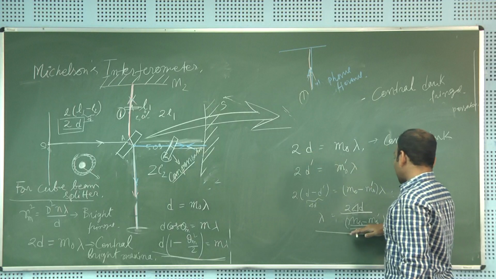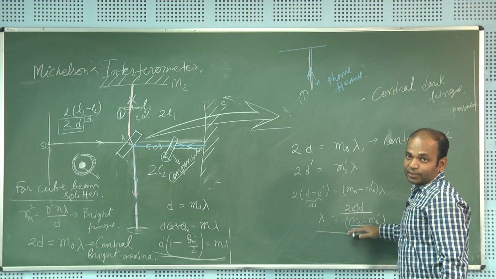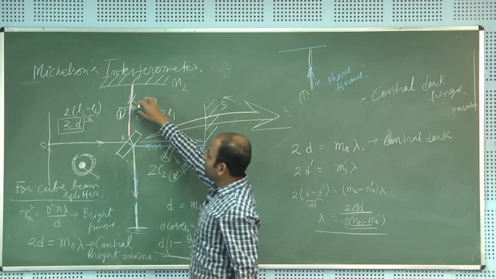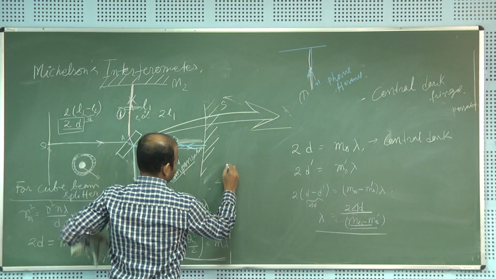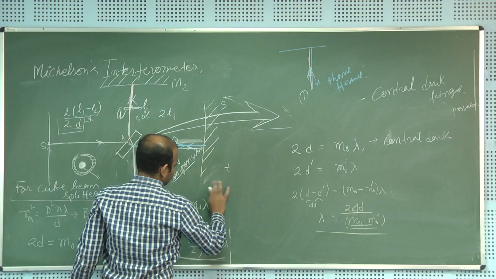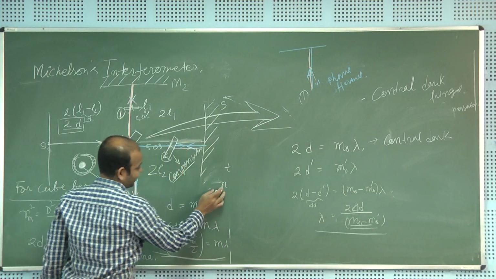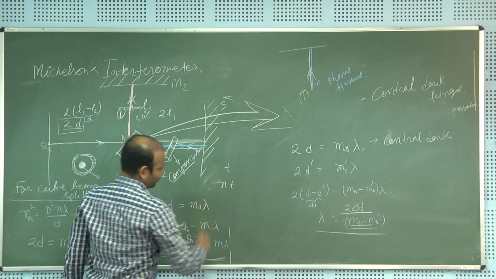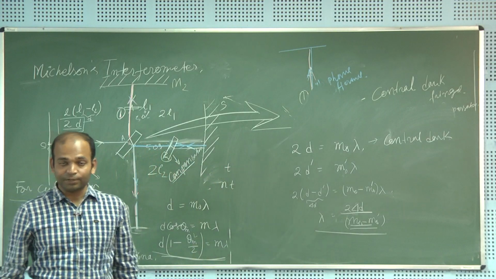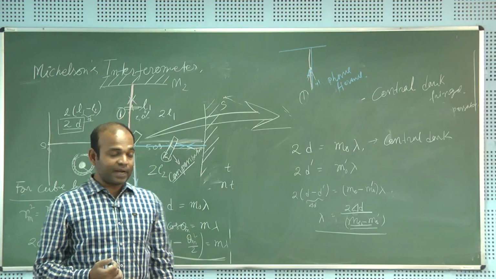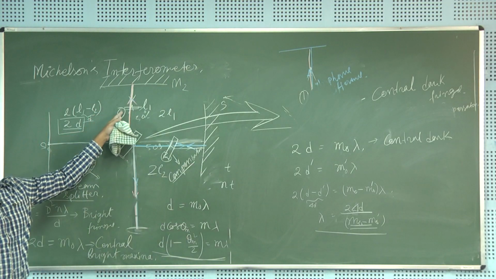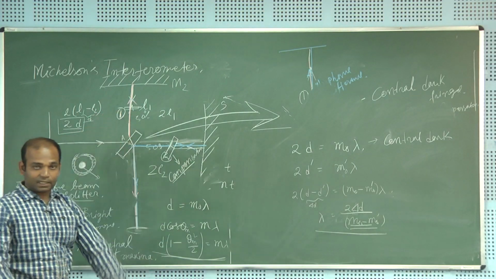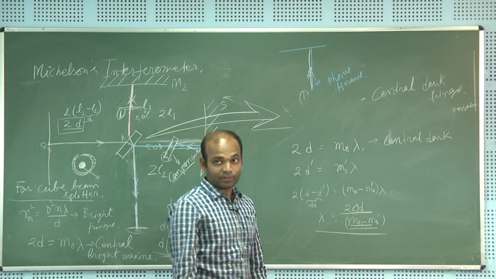By counting the number of fringes, you can find out how much extra path difference you have introduced. For example, if the film thickness is t, then with refractive index n, n times t would be the path length that you can estimate, and find out the thickness of the thin film. So this is another kind of application.